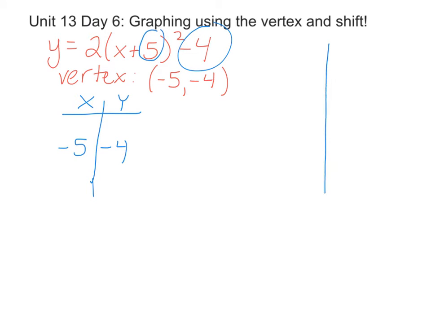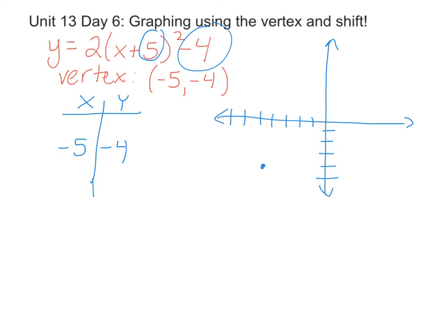When we think about, and I talked about this in class, negative 5, negative 4. Here's the graph, with its grid lines. Here's negative 5, negative 4.